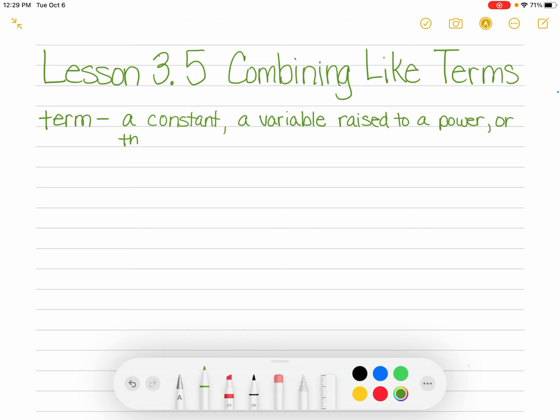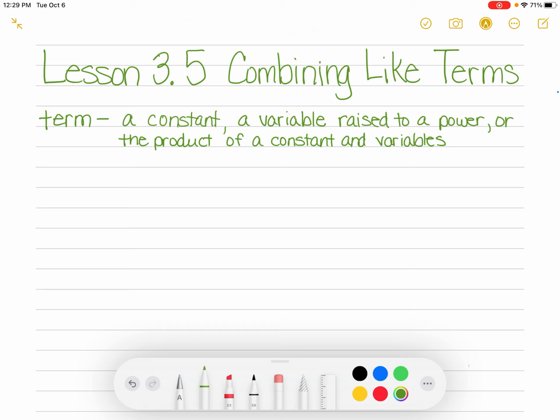Or the product, so remember product means multiplication, the product of a constant and a variable. I'm just going to put variables, okay?